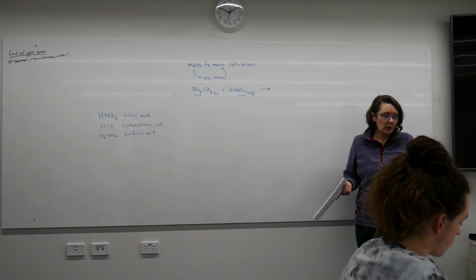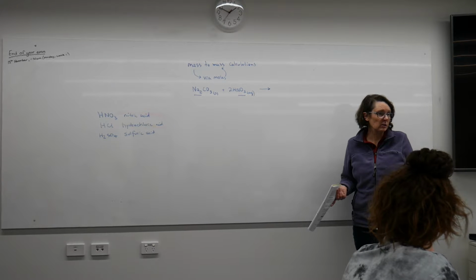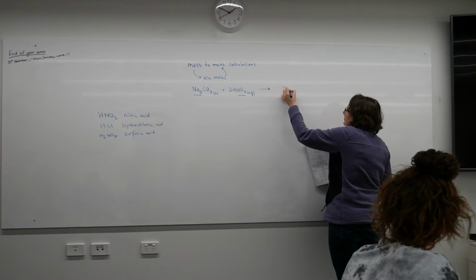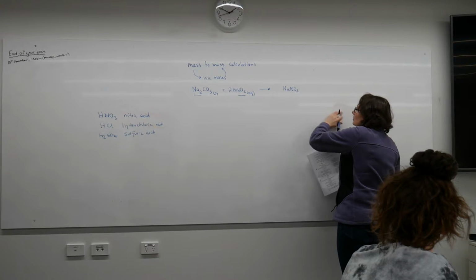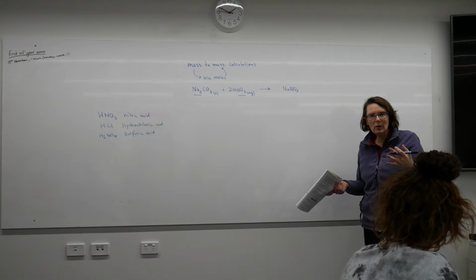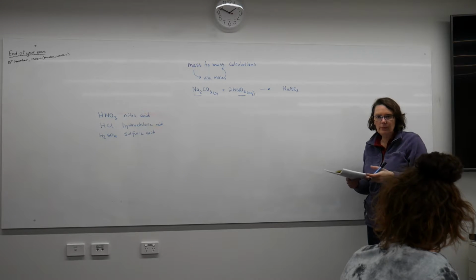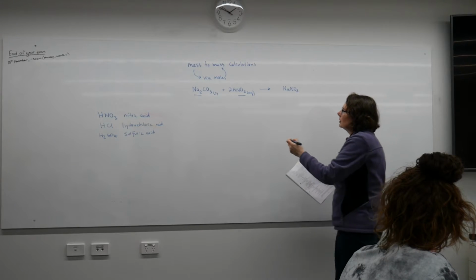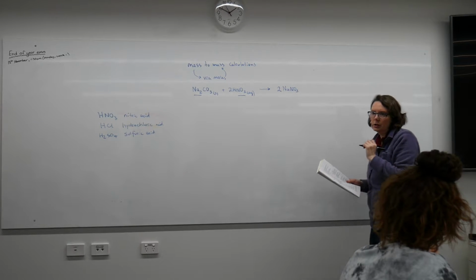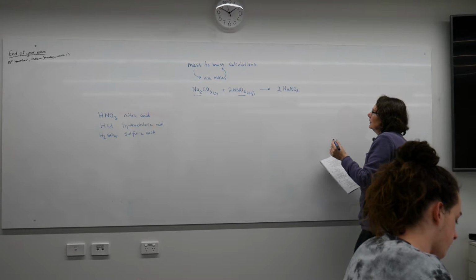So in this case, we're going to produce sodium nitrate as the salt. Of course, the sodium has a +1 charge on its ion and the nitrate's a -1. Then they join together in a 1-to-1 ratio. And the 2 must go out the front as the coefficient to balance the quantities.